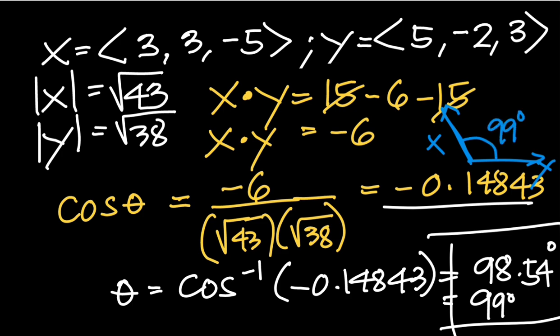And now we know how to find the dot product of two vectors. And as I've mentioned earlier, any two vectors that are orthogonal or perpendicular will always give a dot product equal to 0, because the cosine of pi over 2 or 90 degrees is 0.